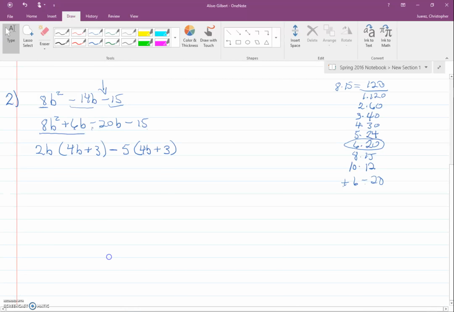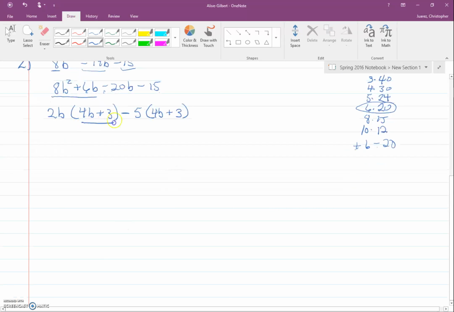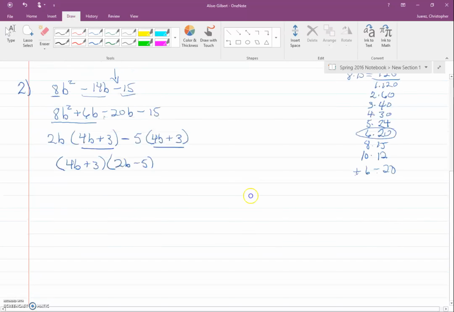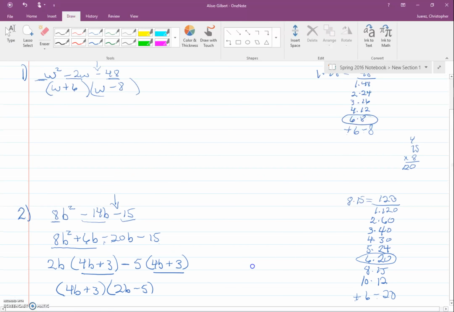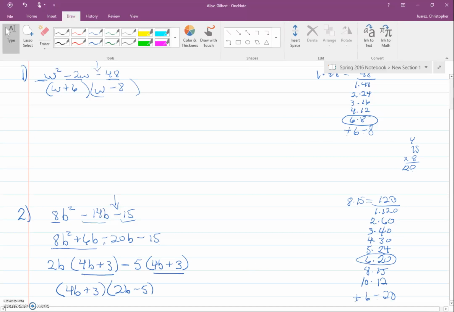These now are my greatest common factors. So I bring that out. Greatest common always comes out front, and what's left over is 2b minus 5. So you see the difference? Pretty much exactly the same thing, except when it has a 1 coefficient, it's much easier. But still pretty easy, both of them.